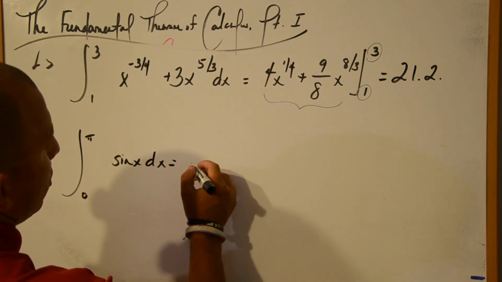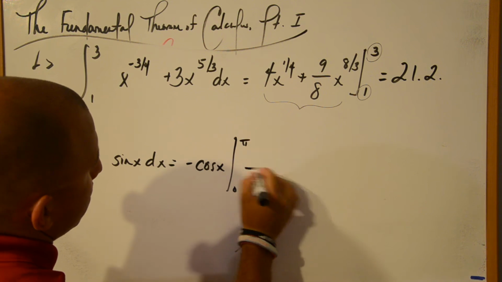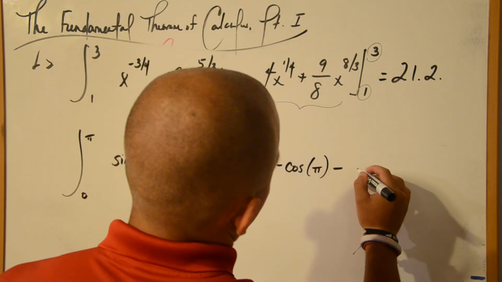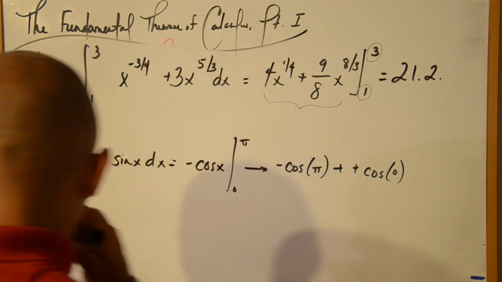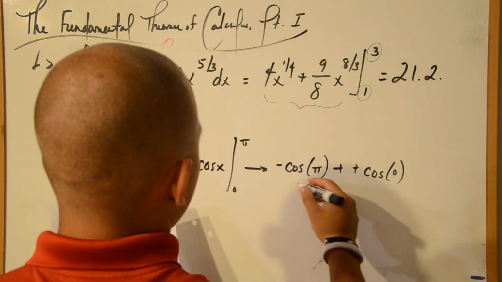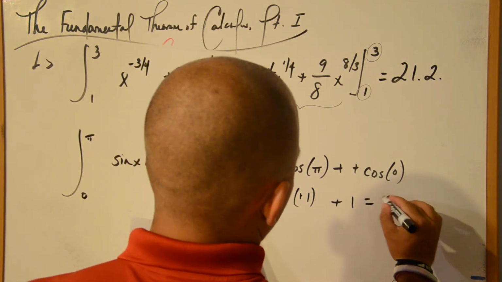The integral of sine of x will be negative cosine of x, once again from 0 to pi. So we have negative cosine pi minus negative cosine of 0. So we're going to have a plus plus here, which will yield negative times negative 1, which will yield positive plus 1, which is 2.